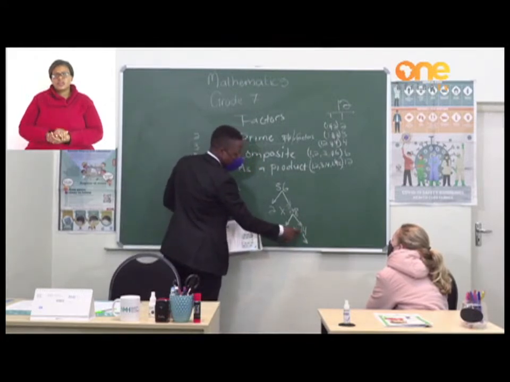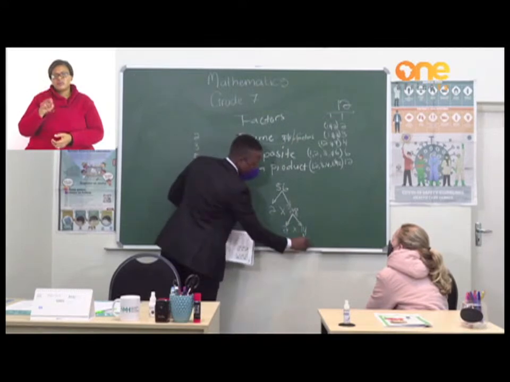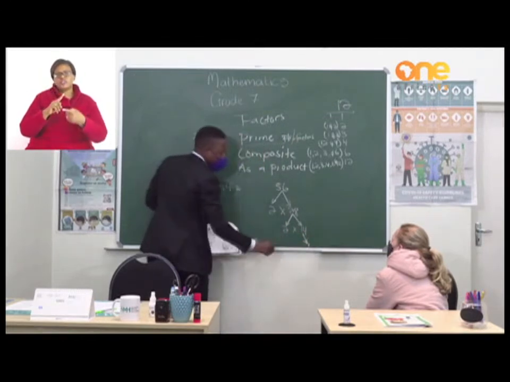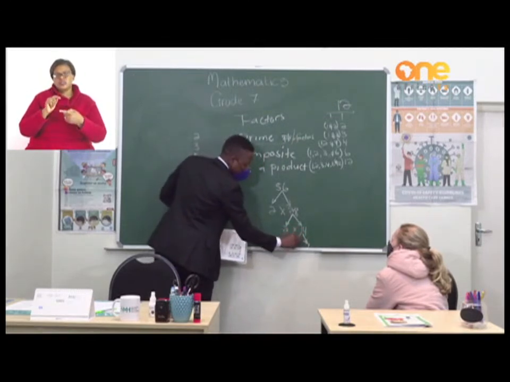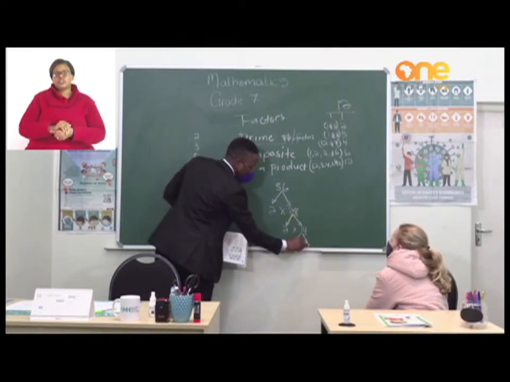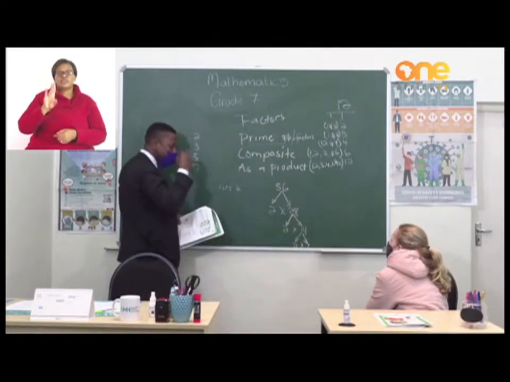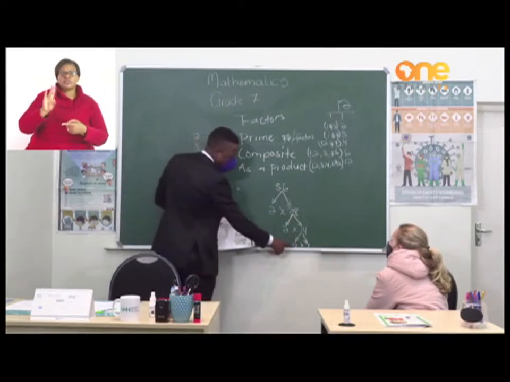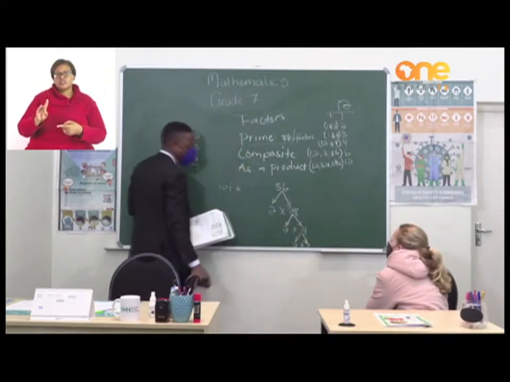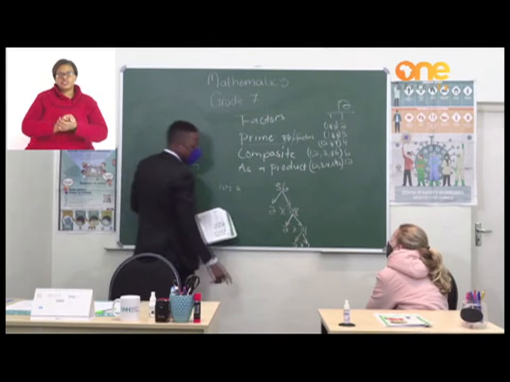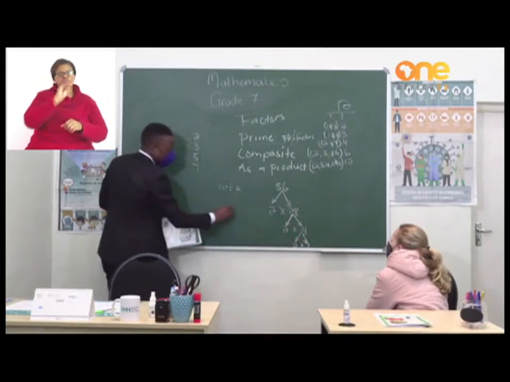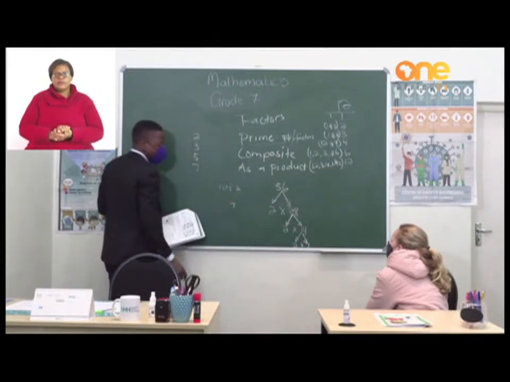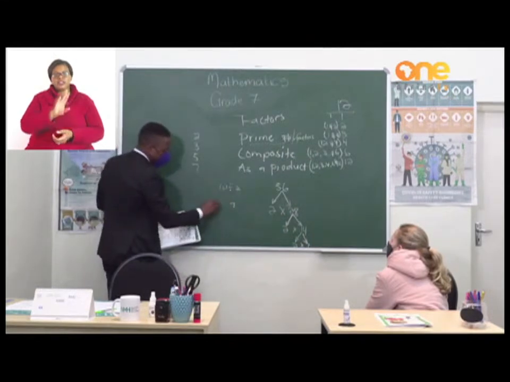If I halve 14, I'll have 7. But what number can I multiply with 7 to get 14? That number will be 2. 2 times 7 gives me 14. I have to continue somewhere here due to space. That is a 7.